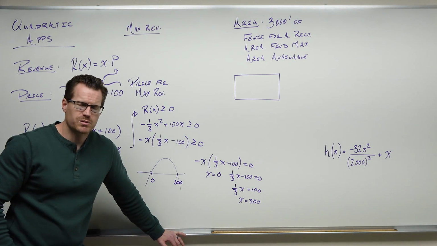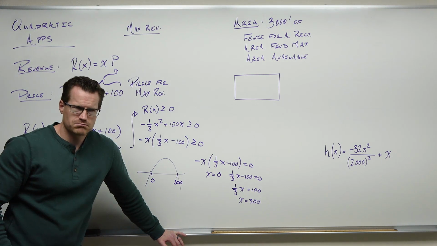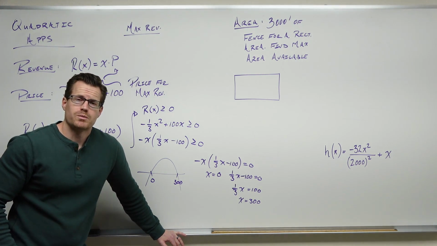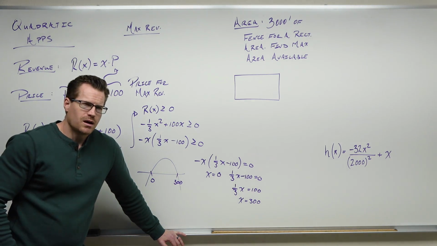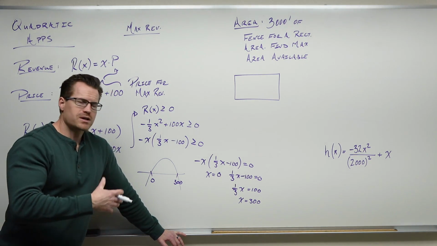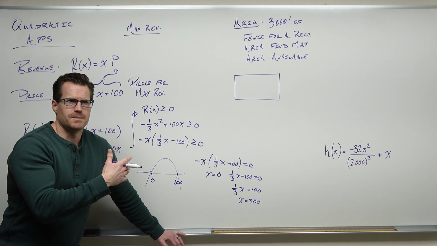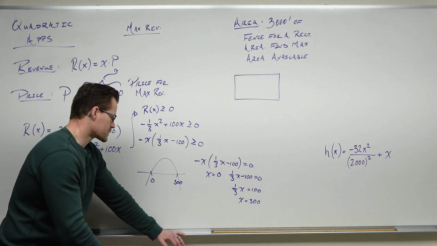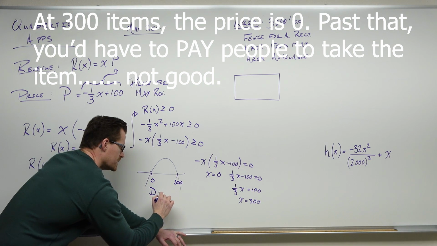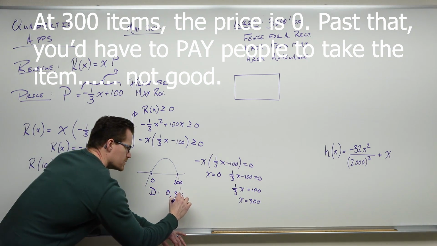We do not want to produce less than 0 items. That's impossible anyway. We don't want to produce more than 300 because our price times the amount that we sell would end up being negative. We don't want to start losing money on this. And so our domain would be 0 to 300.